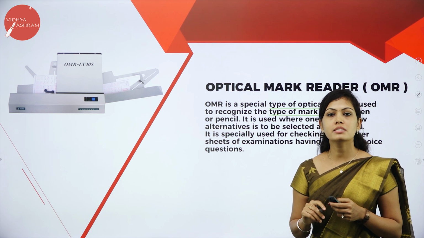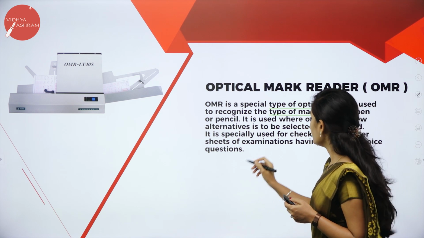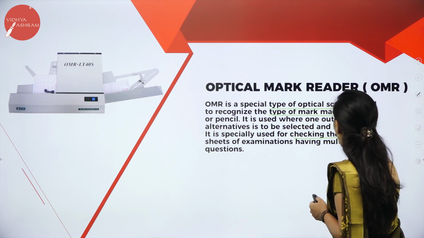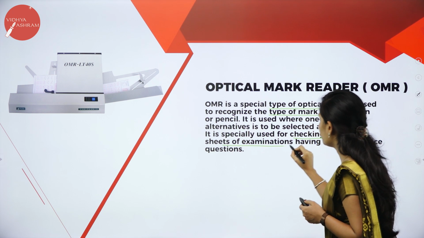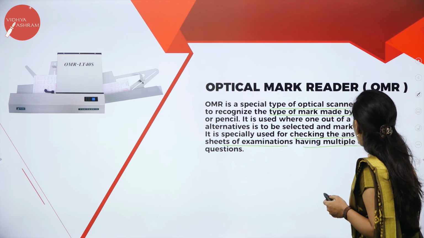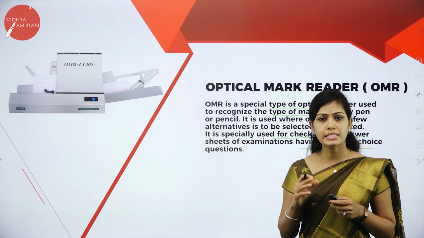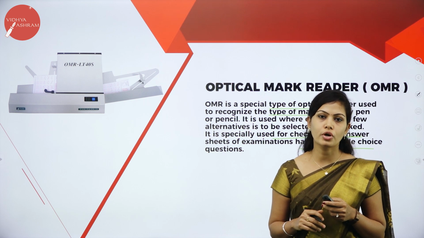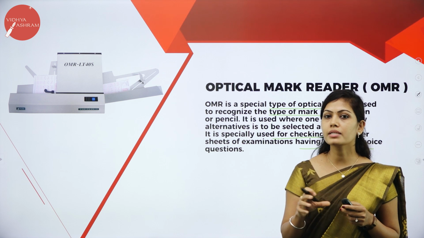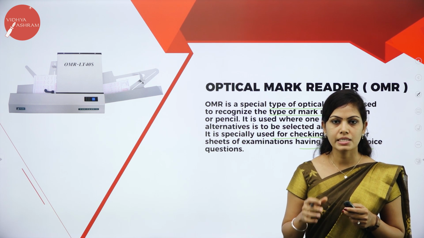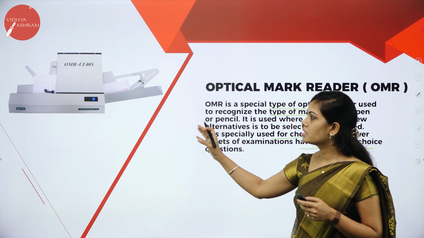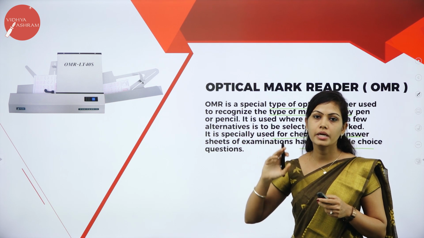It is typically used for checking the answer sheets of examinations having multiple choice questions. The best example is CET. In CET, you will get some multiple choice questions, right? They can be marked by pen or pencil. So at that time, we can use this OMR, optical mark reader.